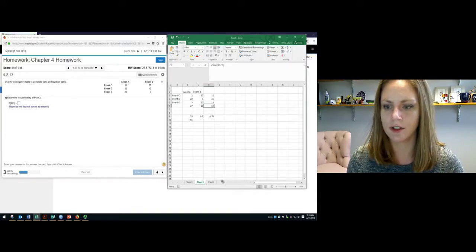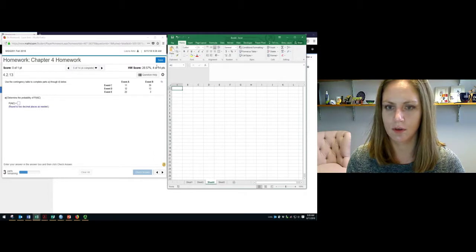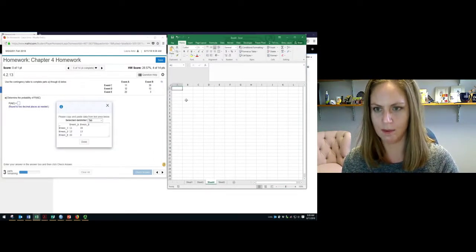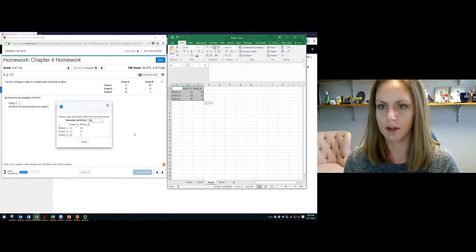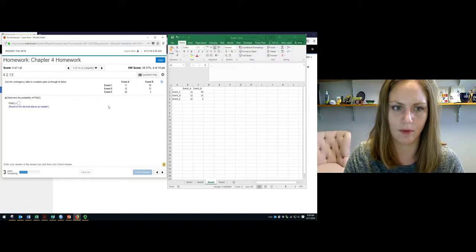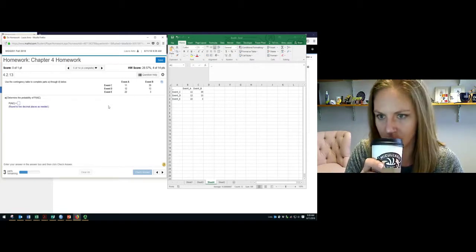Okay, so we've got another contingency table for our next problem. And again, yours may not be in this exact same order, but the problems are all the same across all the homeworks.